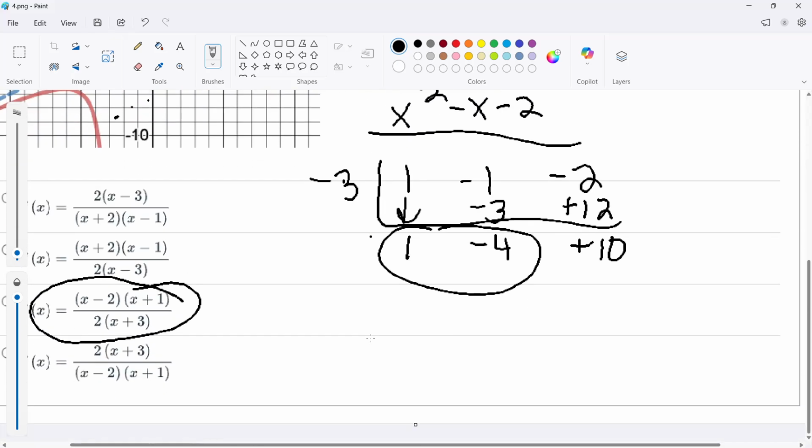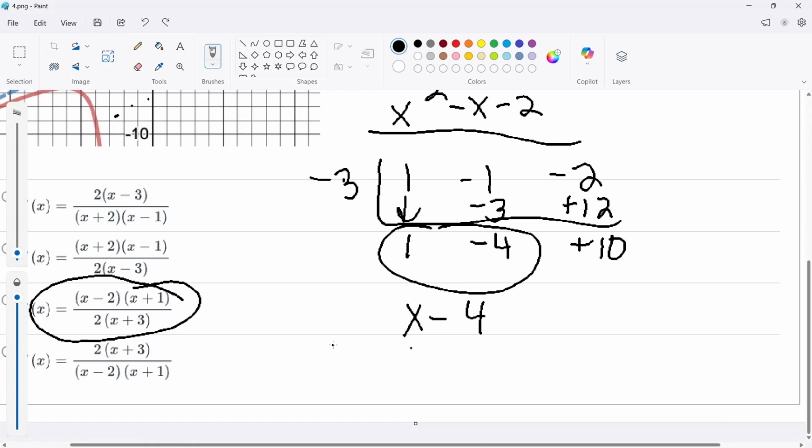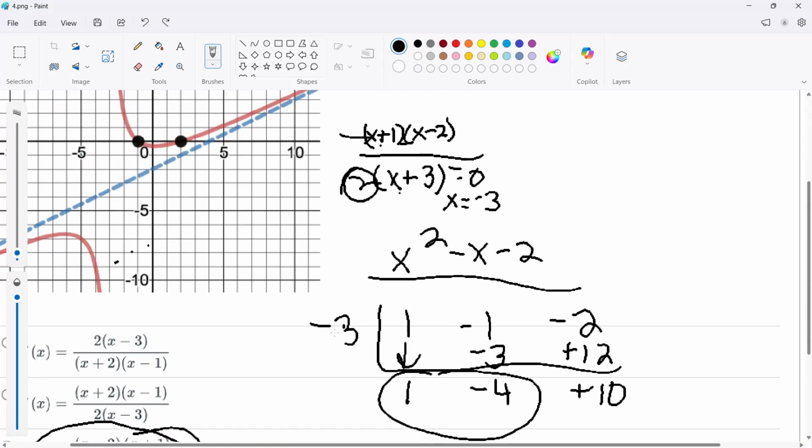It was x squared, so it's going to be x minus 4, except I have to divide everything by 2. So x over 2 minus 4. Divide everything by 2.